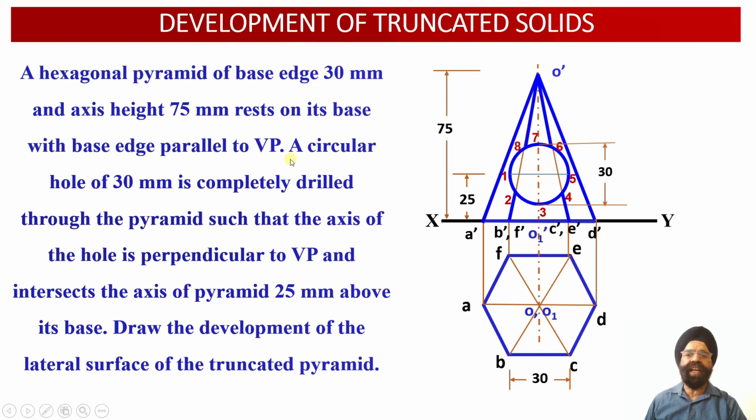Now this hexagonal pyramid has been drilled completely through and through with a circular hole of diameter 30 mm. Here we can check that at a height of 25 mm from the base along the axis, we have the center of this hole, which has radius 15 mm or diameter 30 mm.